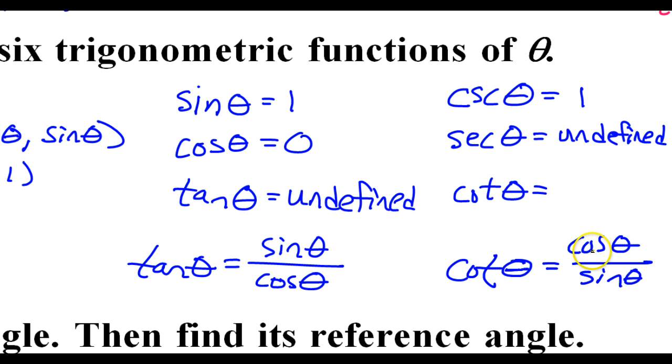So we can look back to the original sine and cosine, and the cotangent will be cosine over sine. So that'll be 0 over 1, which is just 0. So there you have it, all 6 trig functions.